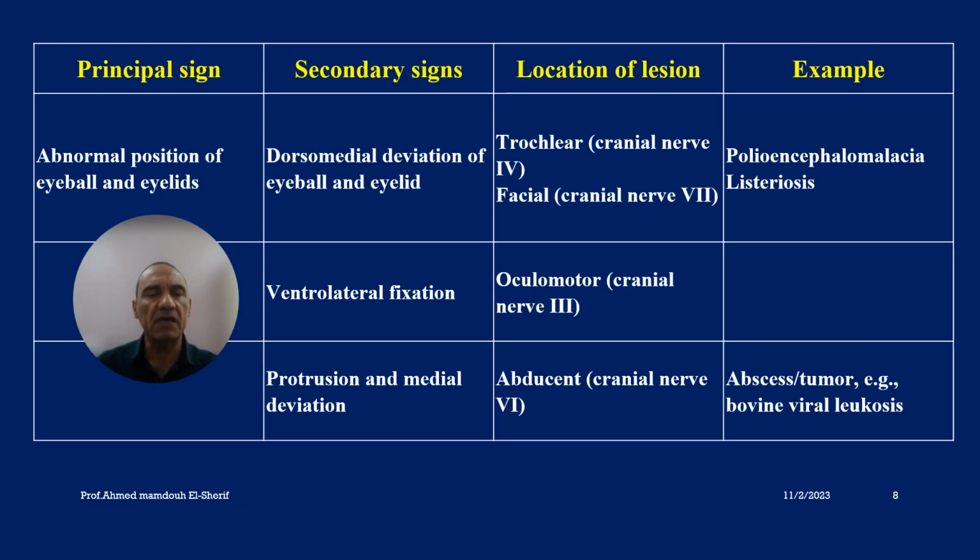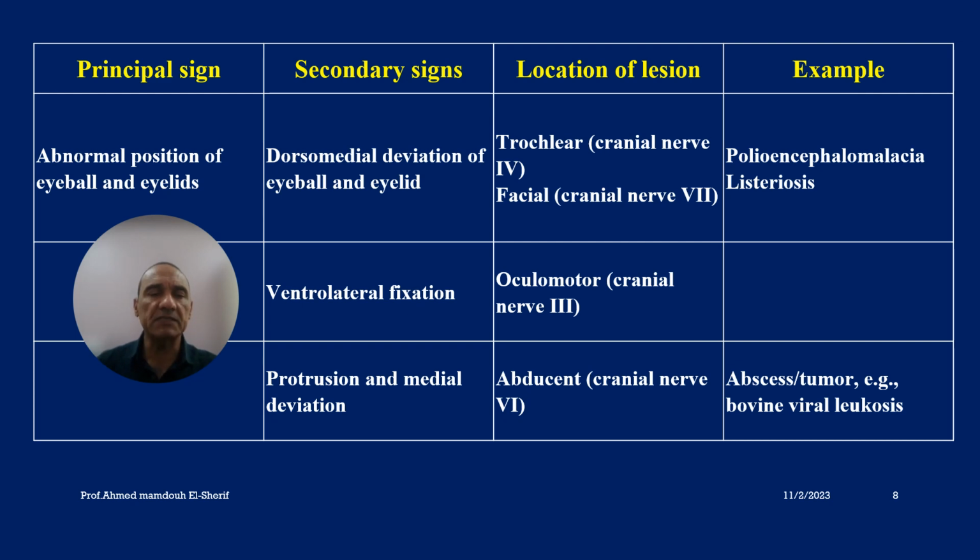When the principal sign is abnormal position of the eyeball and eyelids, and secondary signs are dorsomedial deviation of the eyeball and eyelid, the location of the lesion will be the trochlear nerve, that means cranial nerve number 4, and the facial cranial nerve number 7. The examples of the diseases are polioencephalomalacia or listeriosis.